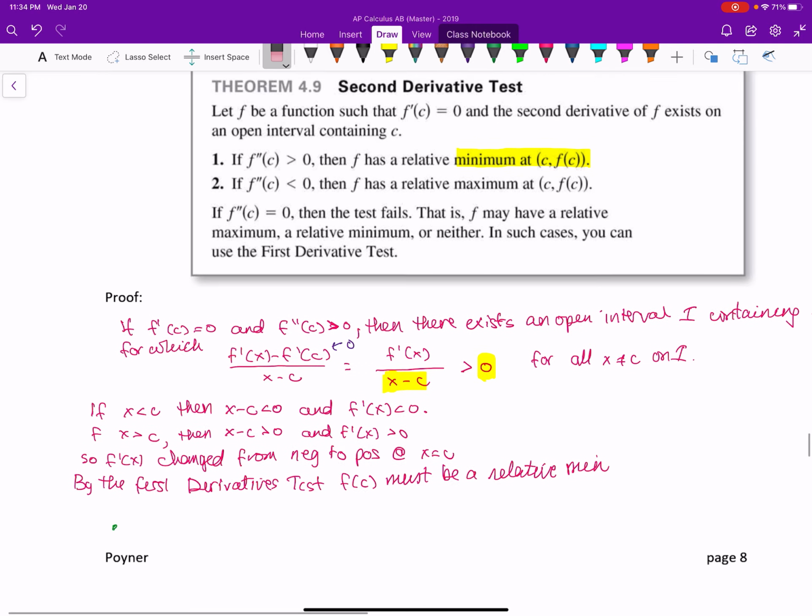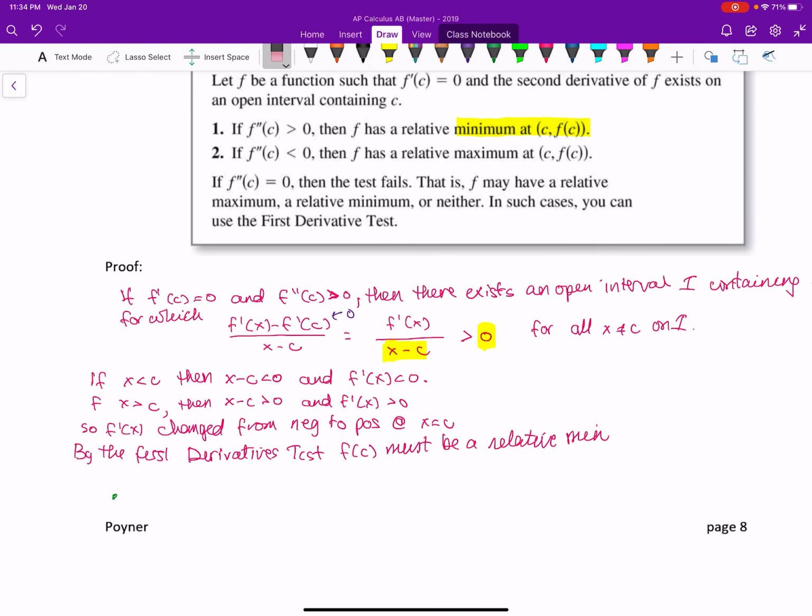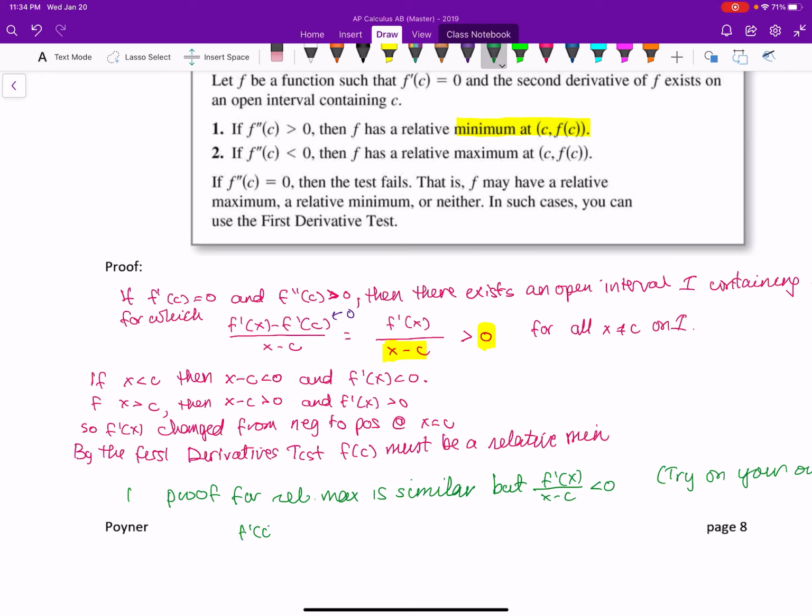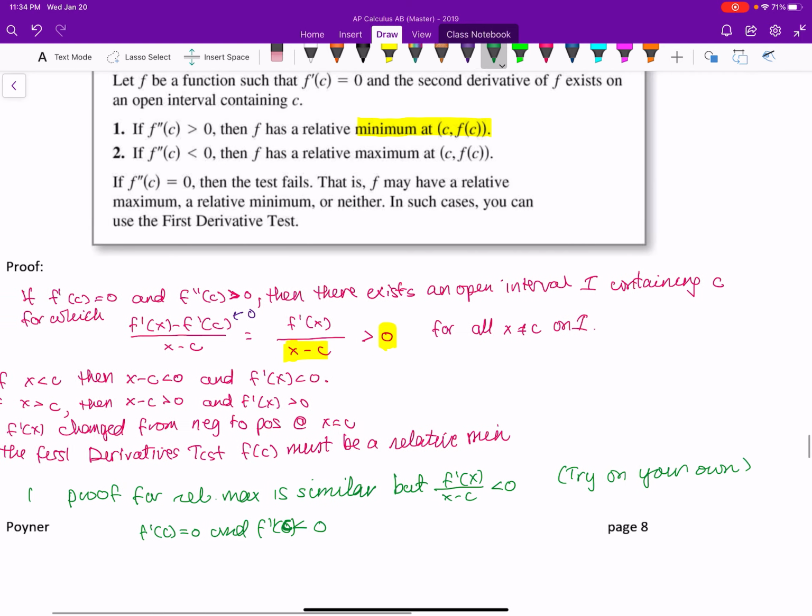And then similarly, you can prove the relative maximum by the same thing. The only thing that changes in the proof is that now f prime of c is equal to 0 and f double prime of c is less than 0.